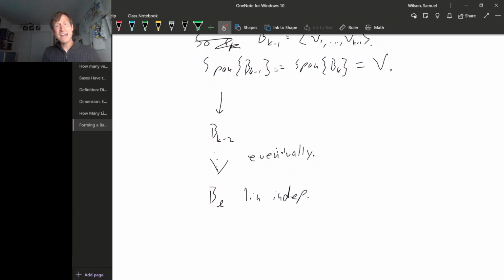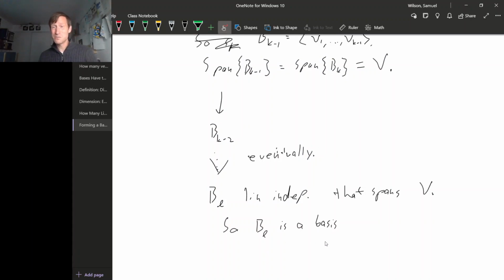But remember, at every stage in this process, including the last stage, the collection of vectors spans V. So now we have a linearly independent collection that spans V. In other words, we have a basis. So this thing, b sub L, is a basis, right?